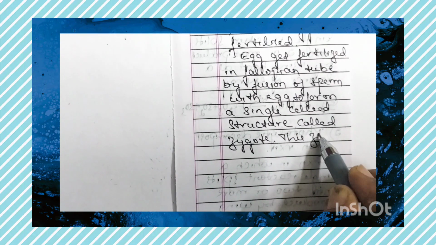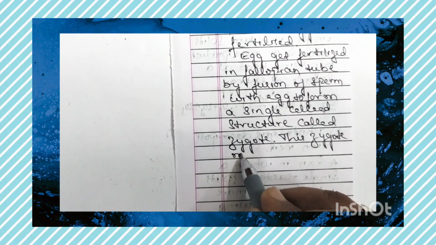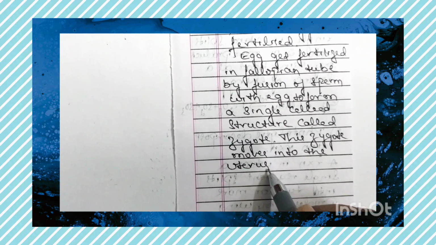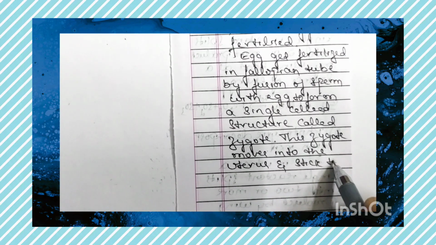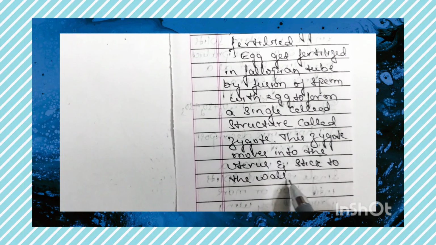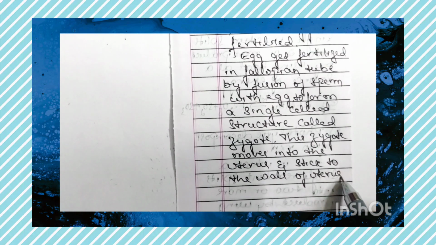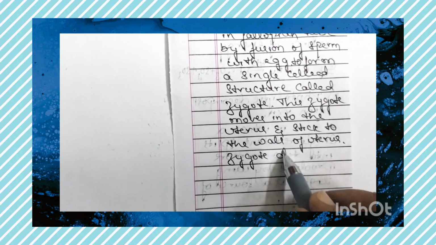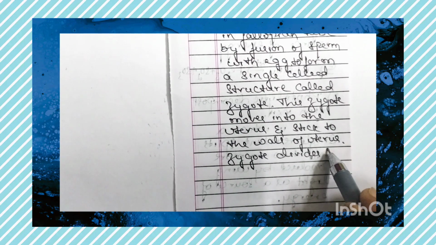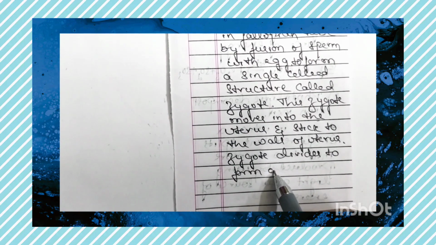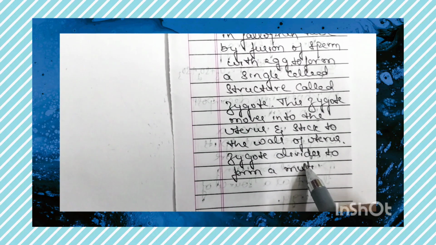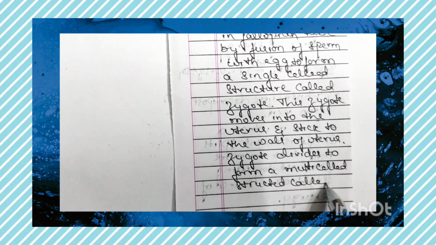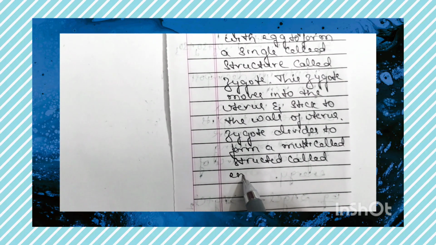This zygote moves into the uterus and sticks to the wall of the uterus. The zygote divides to form a multicellular structure called embryo.